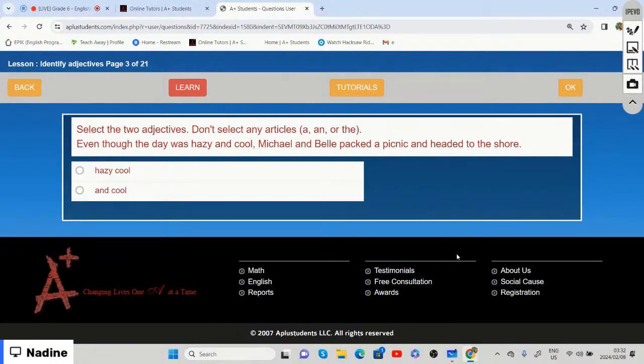So we're going to select the two adjectives once again. So even though the day was hazy and cool, we need to choose two.